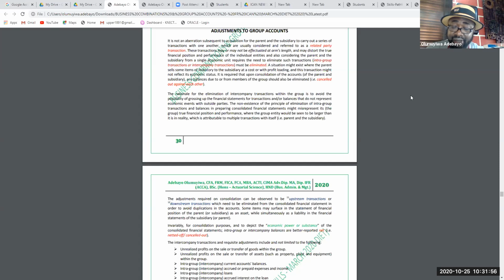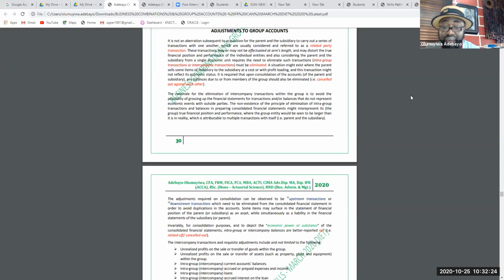When I buy, I don't expect to pay immediately, and you don't expect to pay immediately, which means our dealings throughout the year might have created some outstanding payments due from one party to the other. So at the end of the year, the parent might have a receivable from the subsidiary, similar to receivables from third parties.